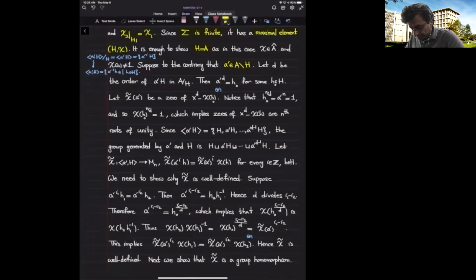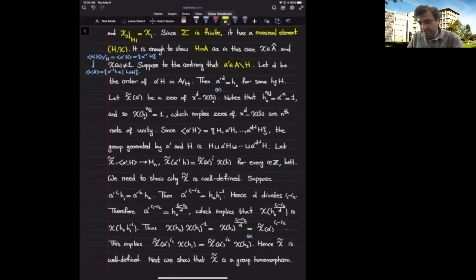So this gives us a fairly good understanding of the group generated by A prime and H. I want to assign some value to A prime, but it needs to be compatible with chi. So if some power of A prime is already inside H, I know what to assign to it. If it's not inside H, I might have a choice, but I have to make sure that my choice is compatible with what we have already assigned.